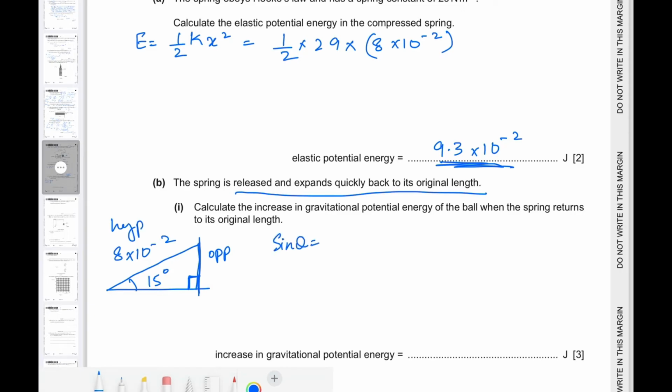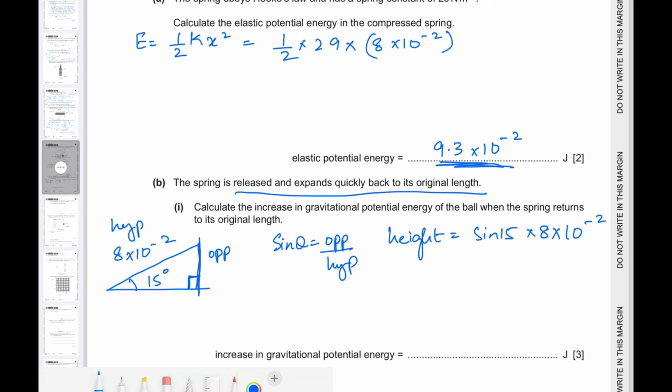Sine theta is equal to opposite over hypotenuse. That means the opposite side, which is the height over here, will be equal to sine 15 multiplied by 8 times 10 raised to negative 2.